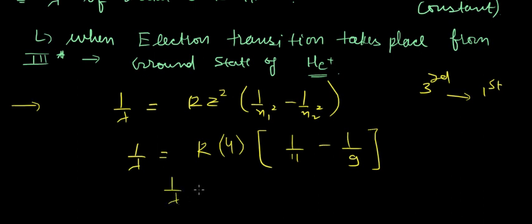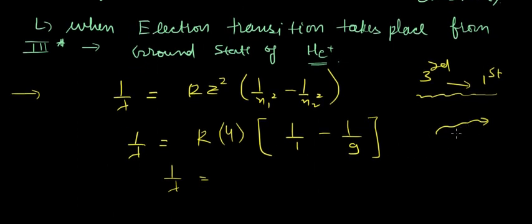So here we have 1 upon lambda equals, and you know that whenever the transition takes place from higher to lower, energy would be emitted, and this is the wavelength of the radiation emitted. This term has always to be positive, so you just adjust ni and nf, as I may have mentioned in some previous lectures.